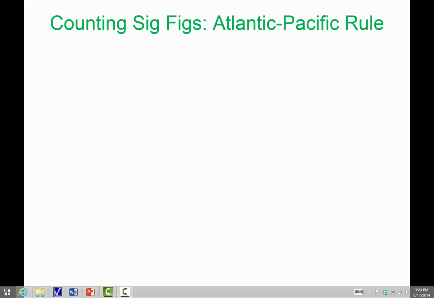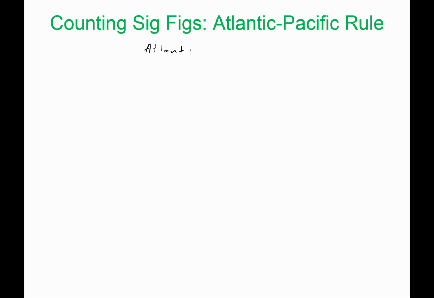So the first thing to do is to learn how to count sig figs correctly. And what I like to use is something called the Atlantic Pacific rule to help count sig figs. We say Atlantic Pacific rule because the Atlantic starts with an A, and the A means absent.